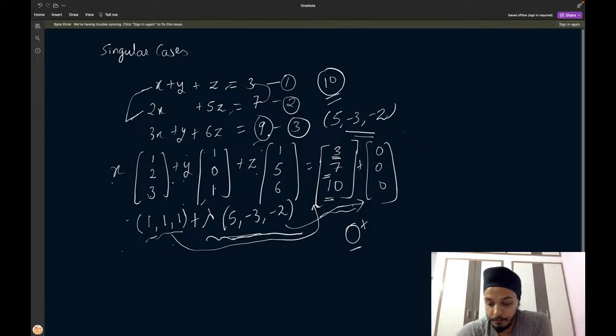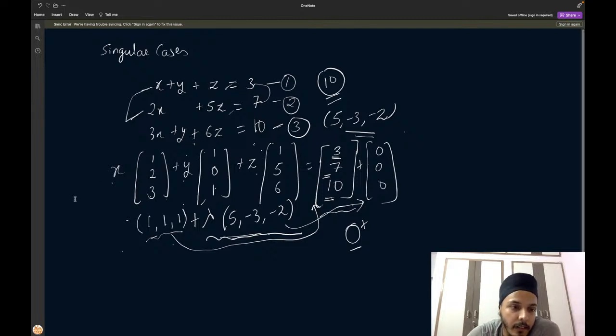So our overall solution for this case is nothing but 1, 1, 1 plus lambda times, or you can put here c times, 5, minus 3 and minus 2. So we see that as our row picture breaks, our column picture also breaks. Now if here we had 10, the combination of these two gives us this third equation.